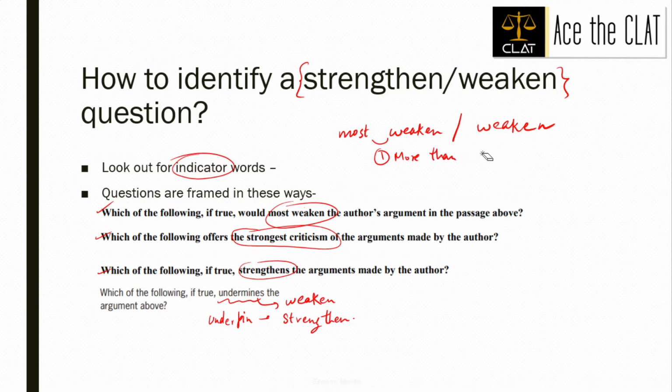More than one option that can weaken the claim of the author. And the second thing is that the correct answer choice is the one that weakens or strengthens the claim most comprehensively. ठीक है? It is then your job to identify the option that strengthens or weakens the claim most comprehensively.